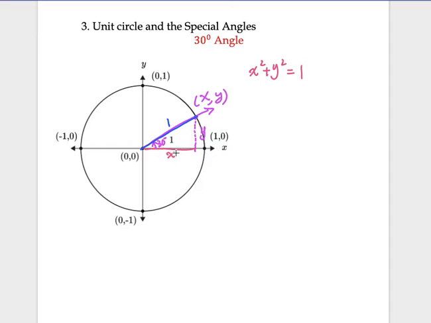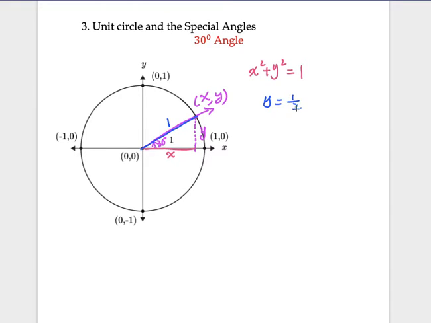There are several things we are going to say. First of all, for the y part, when we deal with 30 degrees, the opposite side of the 30 degree angle is always half of the hypotenuse, meaning y is going to be a half. So that's something we know.